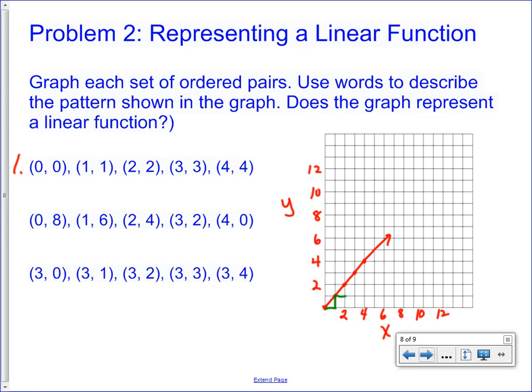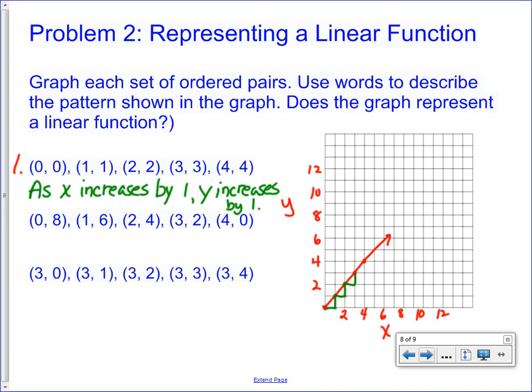Increase x by 1, y goes up by 1, and so forth. So let's describe it. As x increases by 1, y increases by 1.